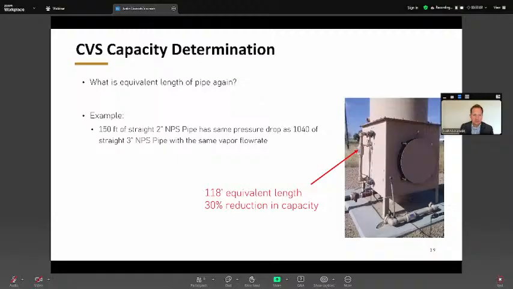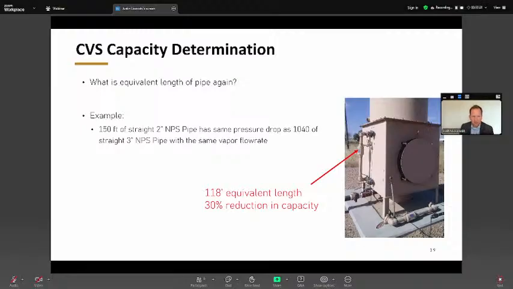Well, in this case, this is an enclosed combustor. We've got 150 feet of straight 2-inch pipe, which has the same pressure drop as 1,040 feet of straight 3-inch pipe. So you can kind of see the difference between a 2-inch and a 3-inch. When you look at this combustor, we've got this little flame arrestor here.